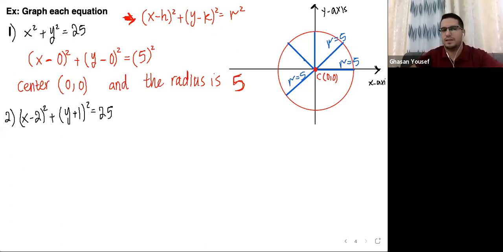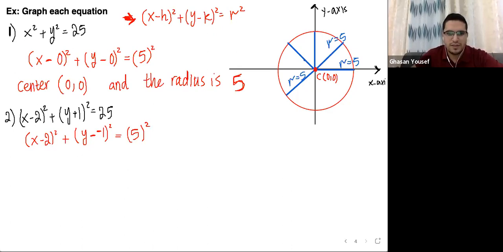First of all, when you see something like that, you have to rewrite the equation like the original equation: x minus something squared plus y minus something squared equals the radius squared. So here, if I rewrite this equation, I get x minus 2 squared, so x minus something, plus y minus minus 1 squared equals 25, the same radius as in the previous example, number 1, equal to 5 squared.